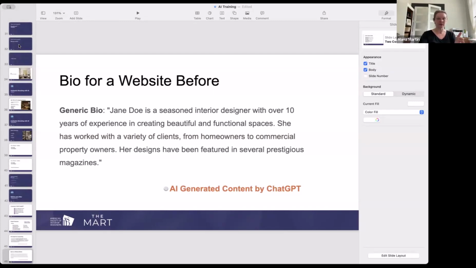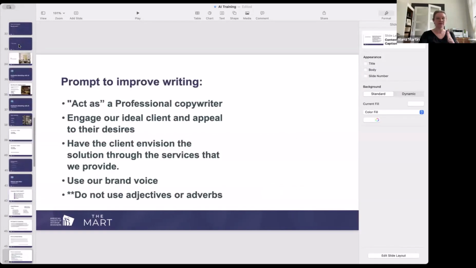But what happens is if chat understands more about that business, you can take your content you've already written, put it into ChatGPT, and say, act as a professional copywriter. This is my ideal client. I need them to, what do I want this writing to do? And I want you to write it in our language and in our style.